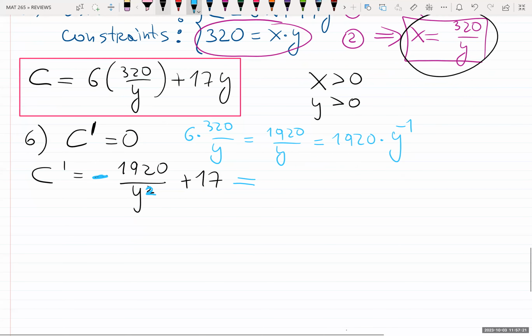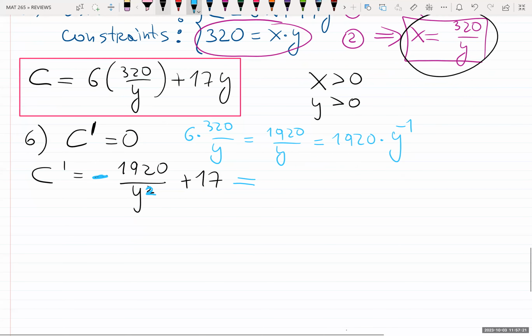A side is not supposed to be negative. So the square root of 1920 over 17 in this case is the only one that should be included. It's basically a global min or max on the closed interval because X and Y have restrictions. So here's my critical point, and guess what? That's going to be the answer.